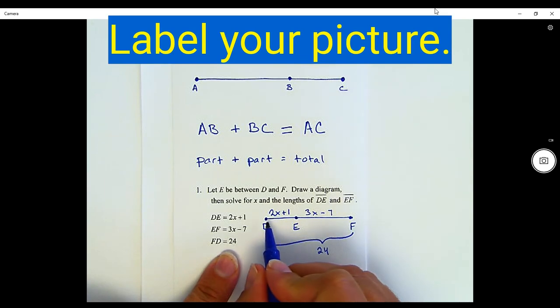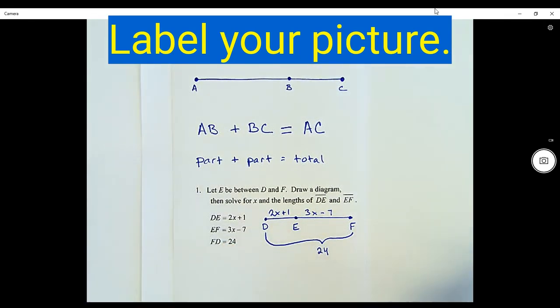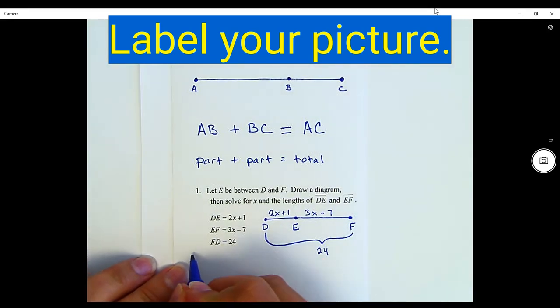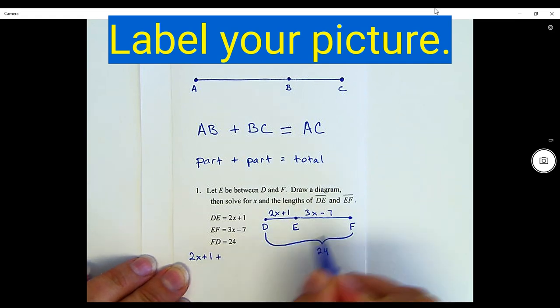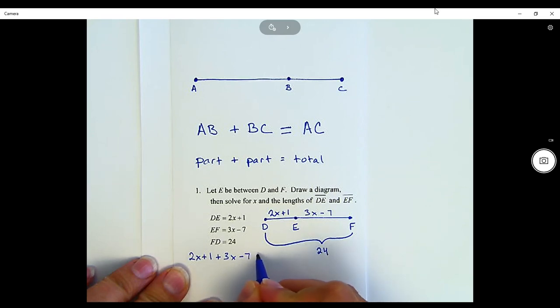So I know the parts and I know the total, so I can set up the whole equation. This first part, 2x plus 1, plus this other part, 3x minus 7, equals 24.